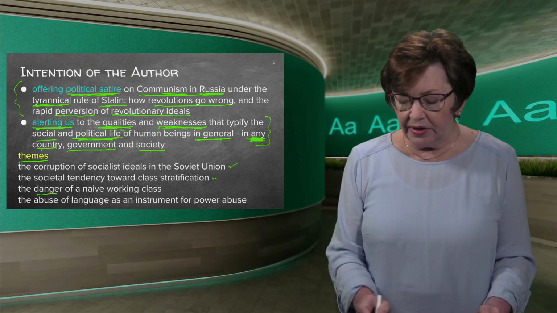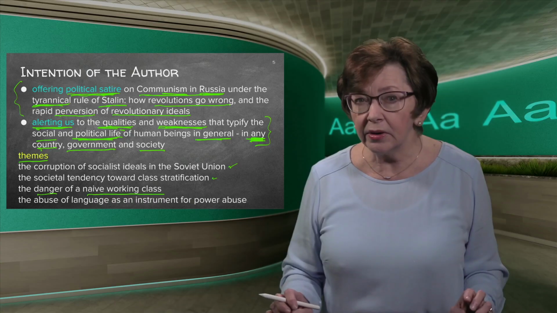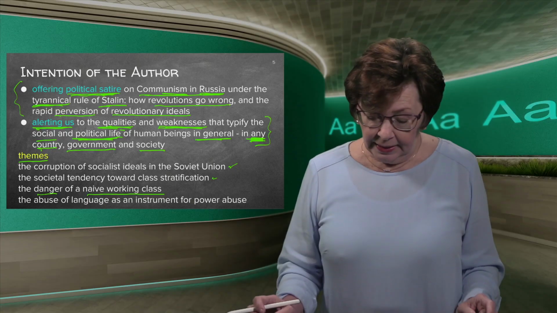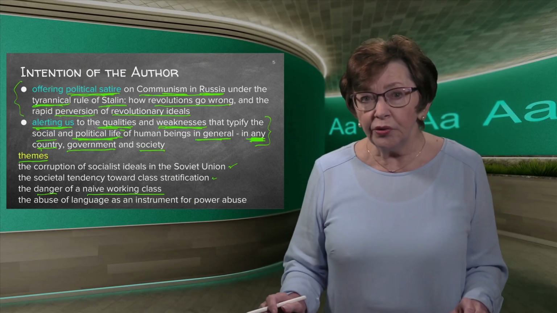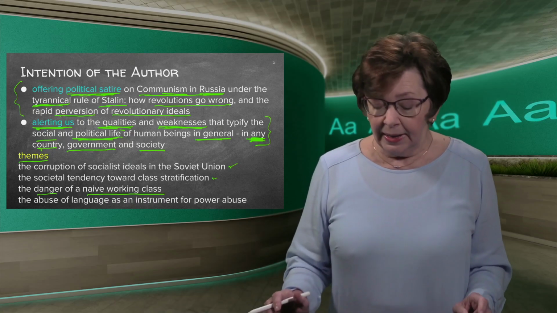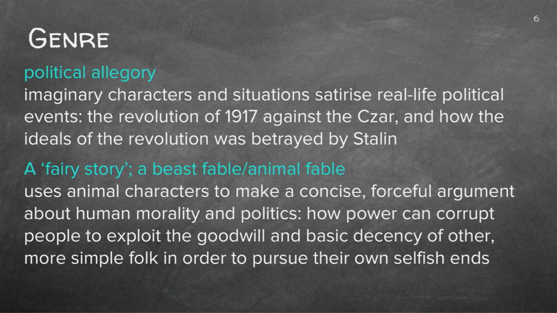It's also about the danger of a naive working class who just follows rules. And a very important theme that I'm going to alert you to, and it's a stylistic thing, is the abuse of language as an instrument for power abuse.